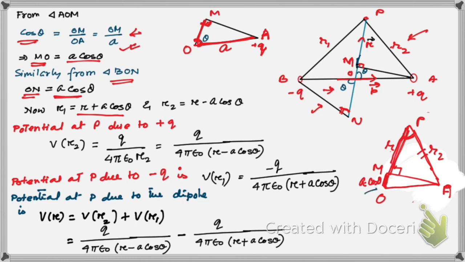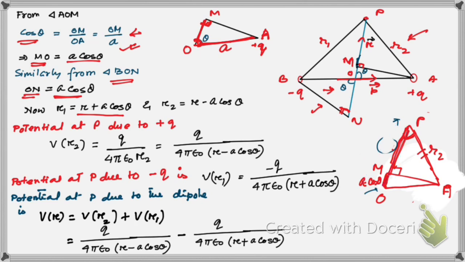From this P point to O, the distance is R, this length PO is R here.